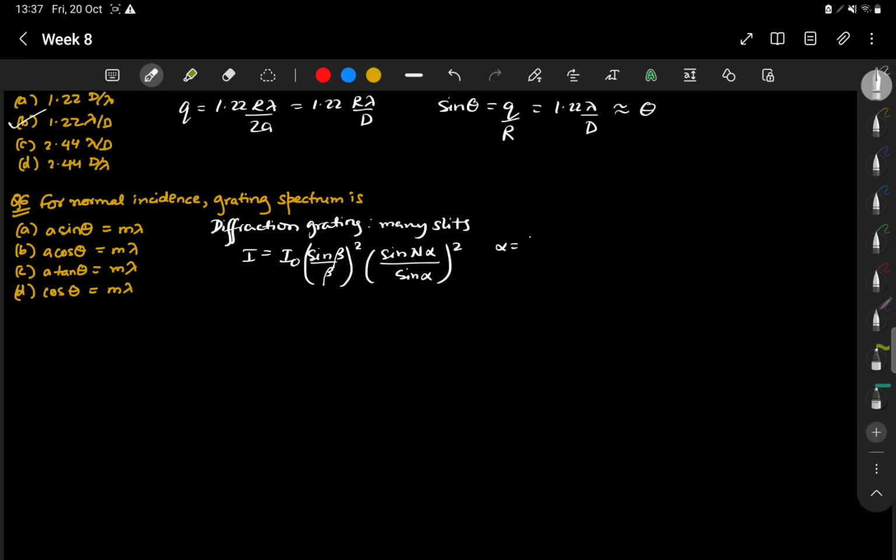Now here alpha is Ka sine theta by 2, beta is Kb sine theta by 2. A is the slit separation, B is the slit width, and N is the number of slits.